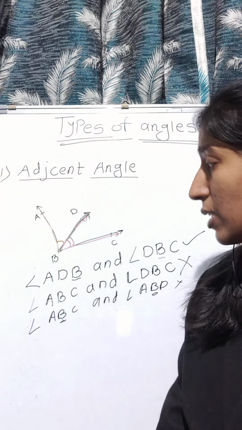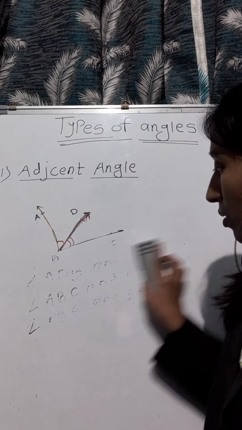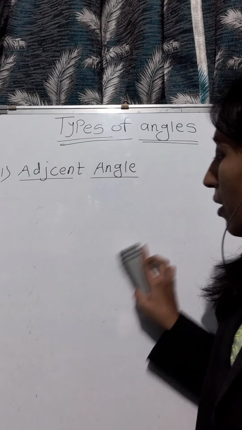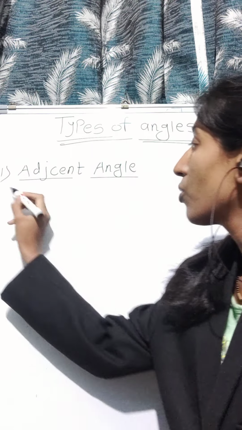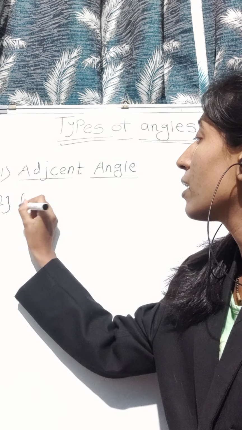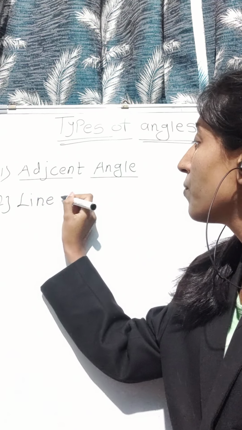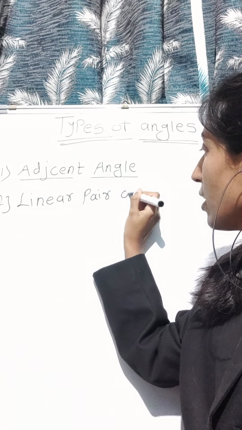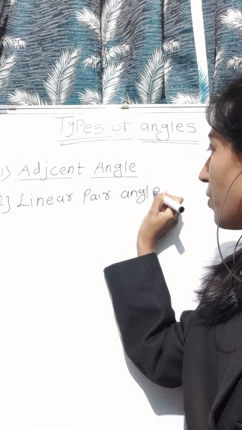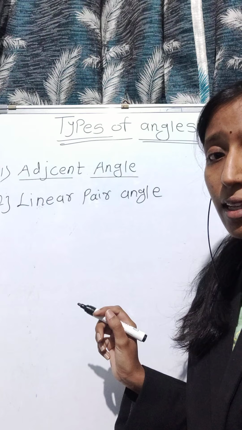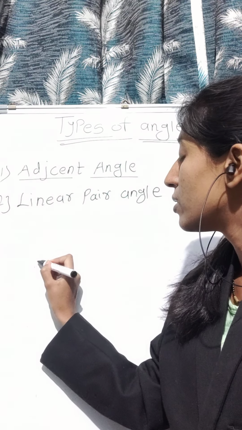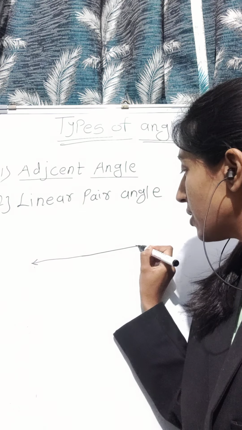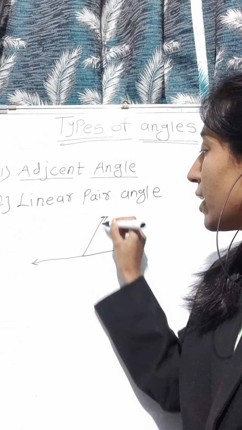Now the second type of angle is linear pair angle. First we will understand what is the basic difference between adjacent angle and linear pair. In a linear pair, if two arms of the angles are forming a straight line, then we will say it is a linear pair.